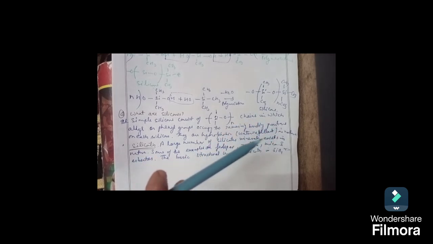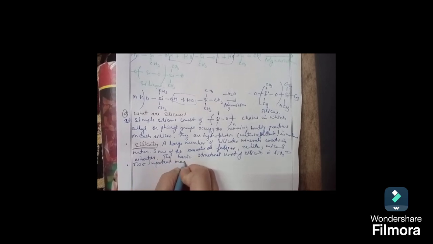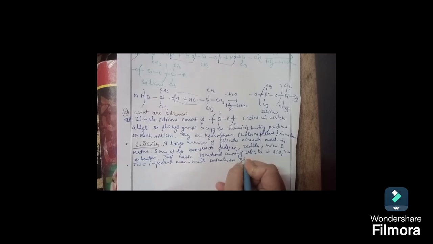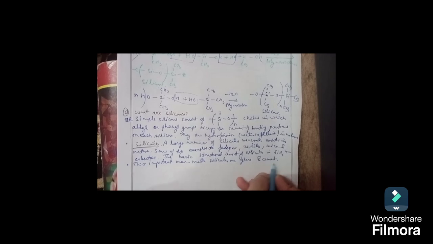If all the 4 corners are shared with the other tetrahedral units, a three-dimensional network is formed, and 2 important man-made silicates are glass and cement. Just write it down. That we have a structure here.